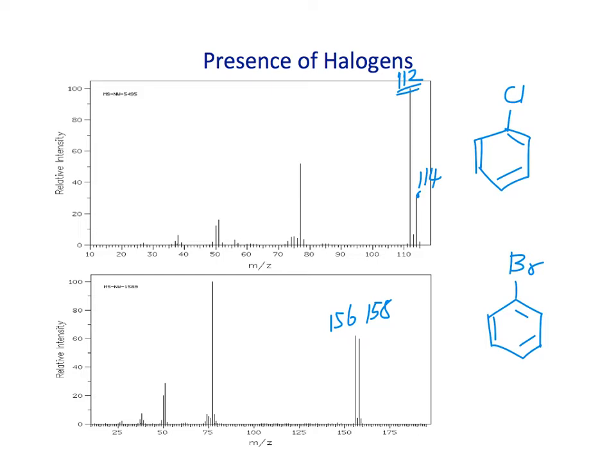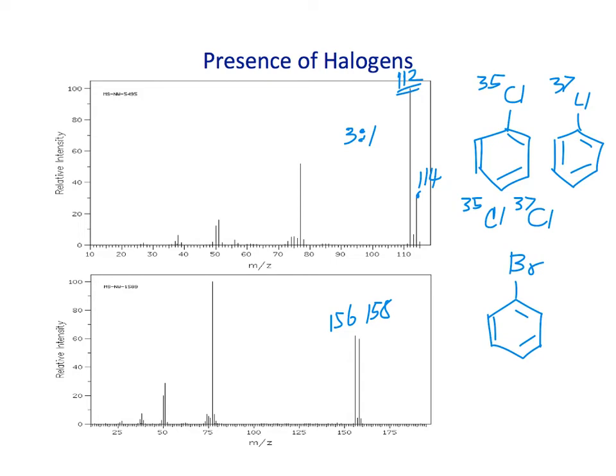For chlorine, chlorine can come as chlorine 35 and chlorine 37. So what we're actually seeing is one molecule with chlorine 35 and another molecule of the same thing with 37. We can see those separately, and the natural abundance ratio of chlorine 35 to 37, and I'll show you a table of this, is roughly 3 to 1.